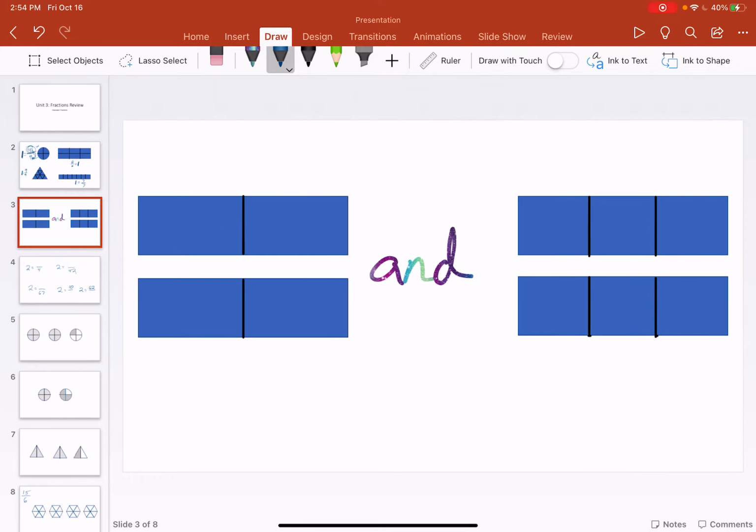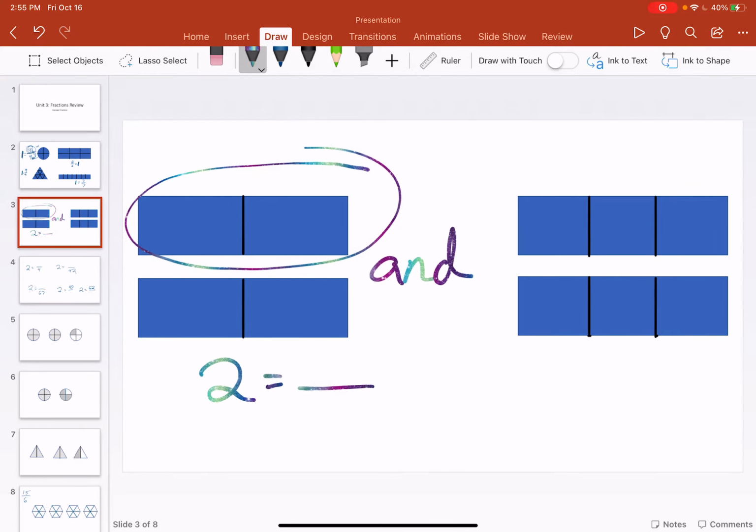Looking at this, these are equivalent fractions, so they're exactly the same size. I know that because I cut and pasted them myself. If I'm looking at these, I know that I have 2 wholes here. If I'm going to write this as a fraction, they're divided into pieces that have 2 in them, and I have 4 pieces.